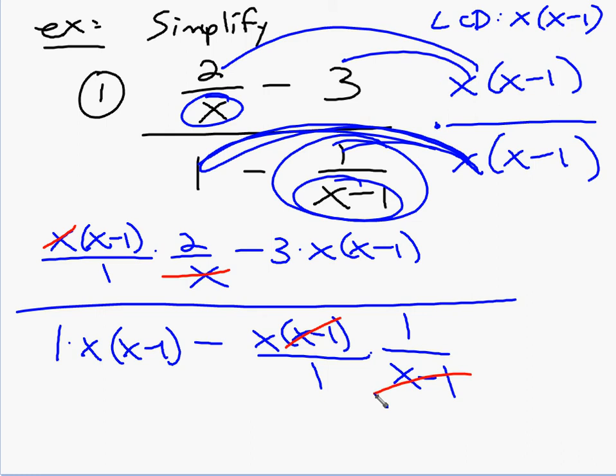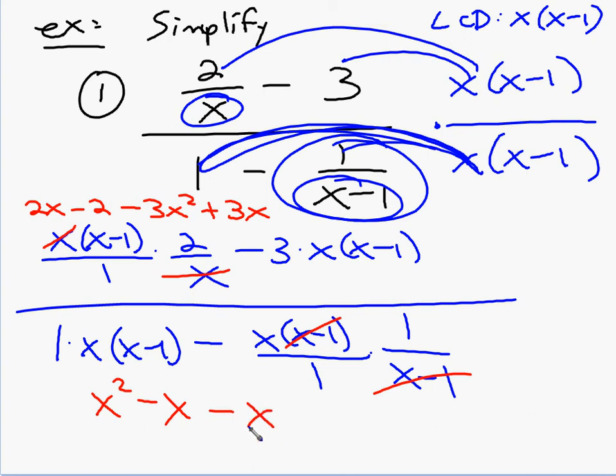On this one, now I just do distributive property. 2x minus 2 minus, now this is a negative 3x, minus 3x squared plus 3x. There's my numerator. And on bottom, I'm doing distributive property again. x squared minus x. This one's much easier. Minus x. It's the only thing that's left.